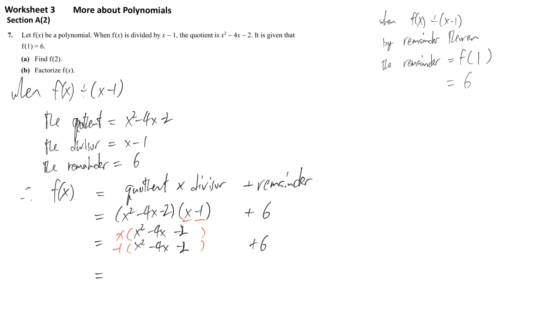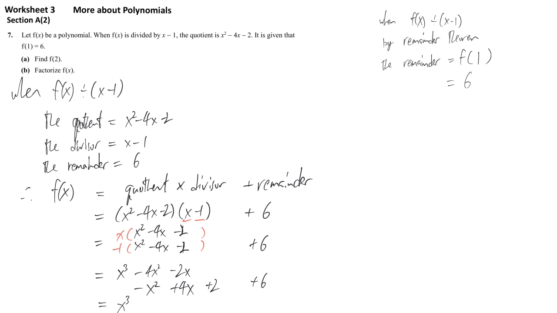So the first row, every term times x: x to the power 3, minus 4x squared, minus 2x. The second row, x squared times -1, so negative x squared. Don't forget that x squared and x squared are in the same column, so I can easily find like terms. And then -4x times -1, we got positive 4x. -2 times -1, we got positive 2, and then plus 6.